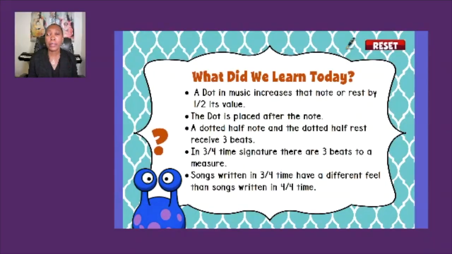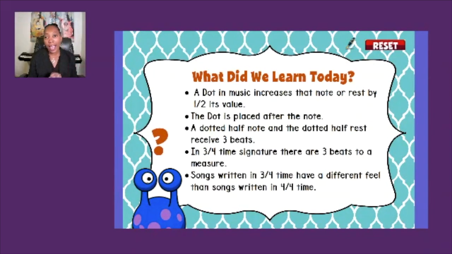All right, good job. You know a lot more about the dotted half note. Let's talk about what you learned in class today. What did you learn today? Well, we know a dot in music increases the note or rest by half its value. The dot is placed after the note, in this case, the half note.